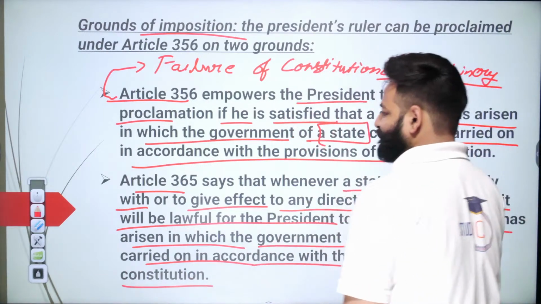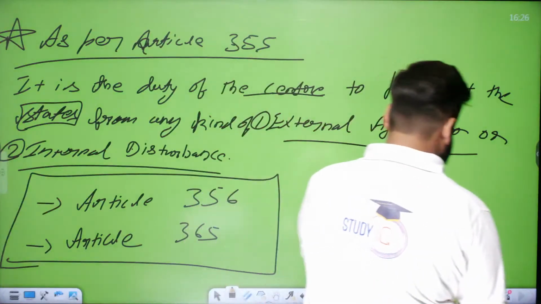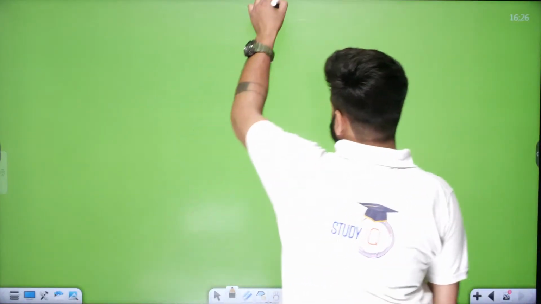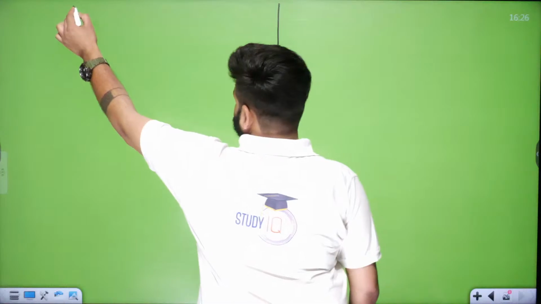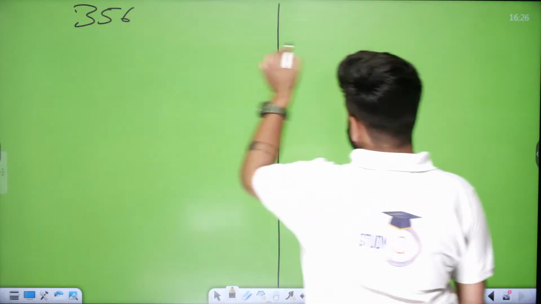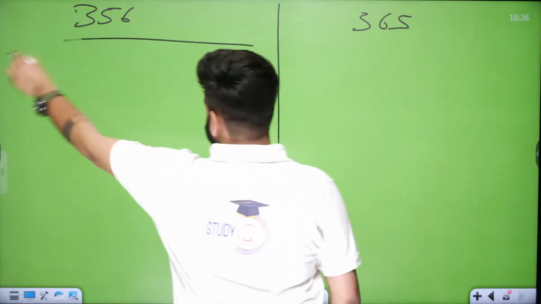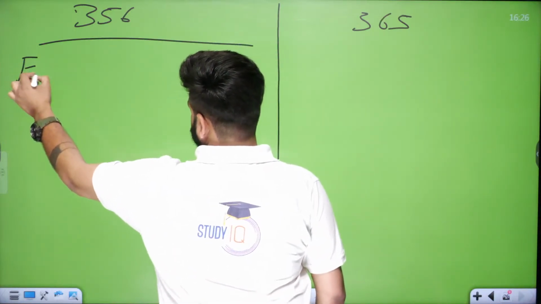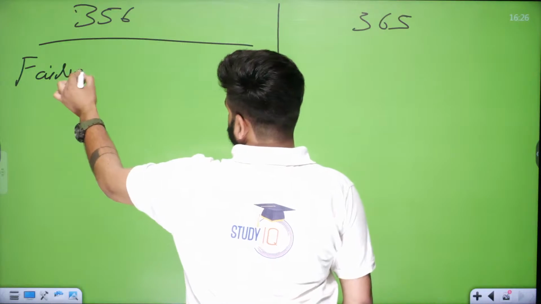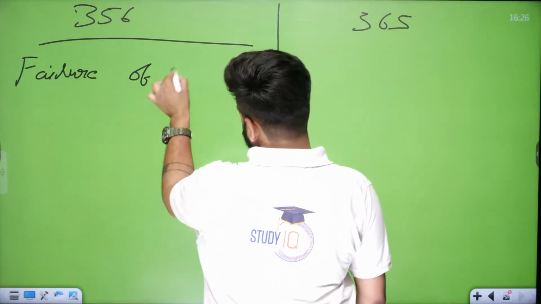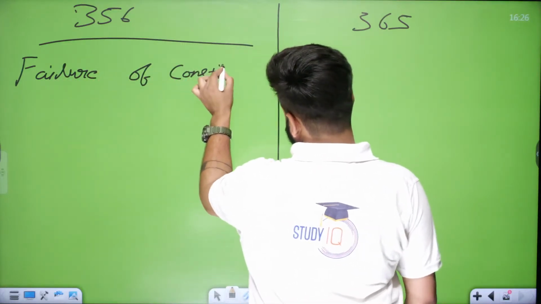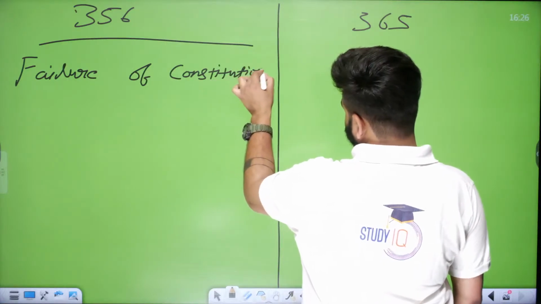So basically speaking, the two differences we need to mark, Article 356 and Article 365. What is this? 356 says that failure of constitutional machinery in the state.